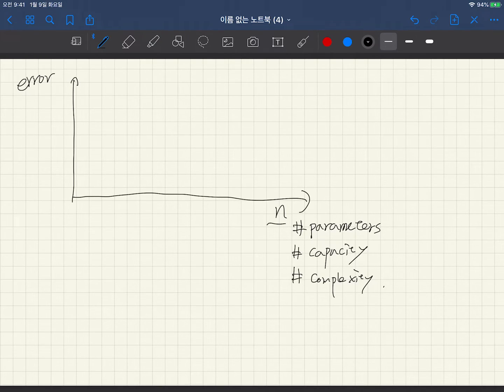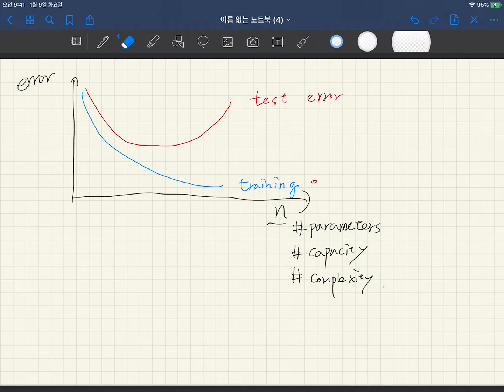Then we have this monotonically decreasing curve for your training error and some U-shaped curve for your test error. Okay, and the U-shaped curve comes from the overfitting phenomenon.